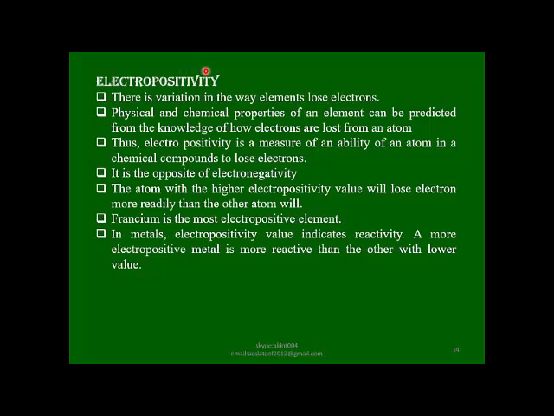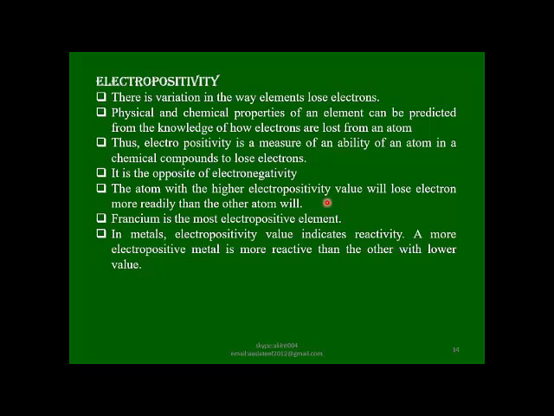That is electropositivity. So electropositivity is the ability of chemical compounds to lose electrons, the opposite of electronegativity, as we have said. The atom with higher electropositivity will lose electrons more readily than the other atom will.